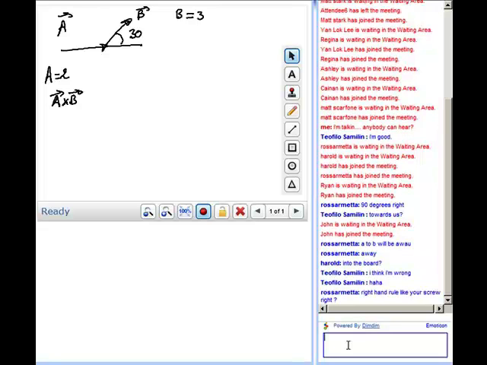Let's check it out. Remember that we are always using the right hand rule or the screw rule. So we're doing A cross B, so remember we can move the vectors around, right?